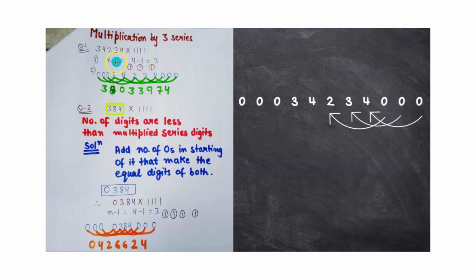So here the number of ones is 1 2 3 4, means n minus 1 zeros will be added on the left hand side and the right hand side of the digits. Therefore n will be 4. 4 minus 1 gives you 3, means 3 zeros will be added on the left hand side and the right hand side of the given number.